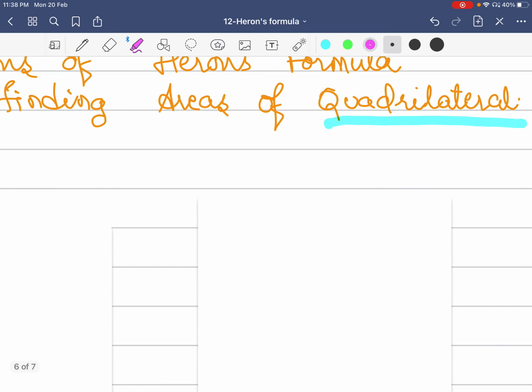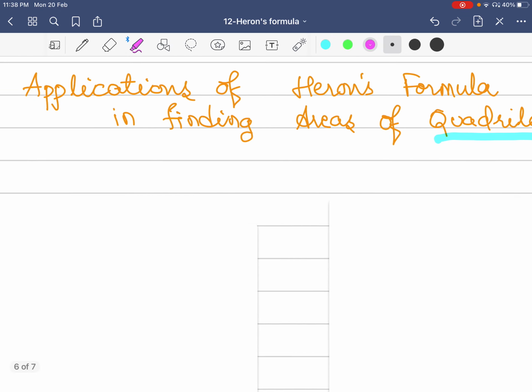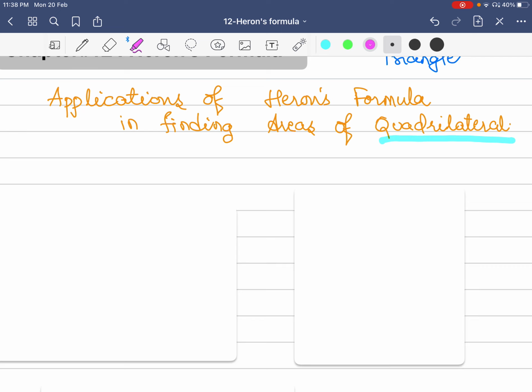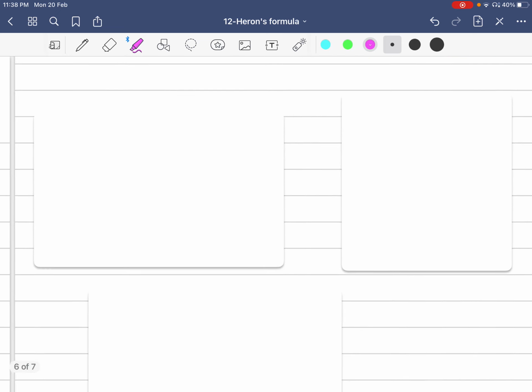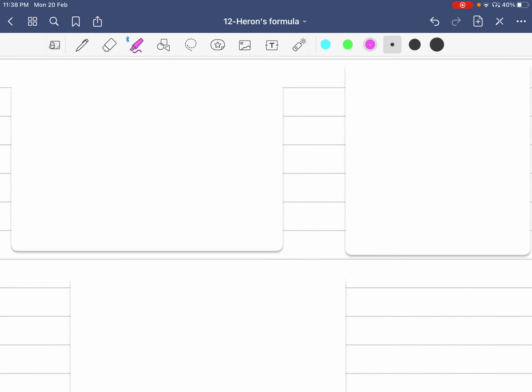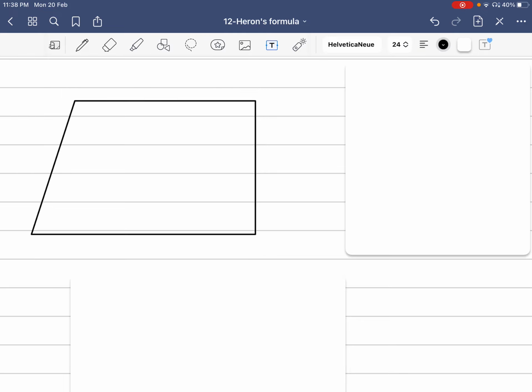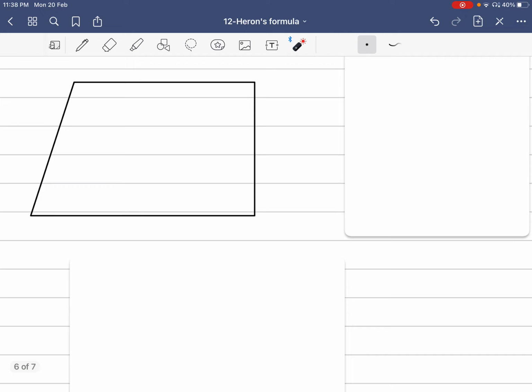Now we will see how we can use Heron's formula to find the area of a quadrilateral. So here are some quadrilaterals which are hidden behind the slides. We'll remove one by one and see how this concept can be applied. Okay, so this is a very simple quadrilateral. Once again, you have these 4 points 1, 2, 3, 4, and imagine that you are given the measures of all the four sides of the quadrilateral.